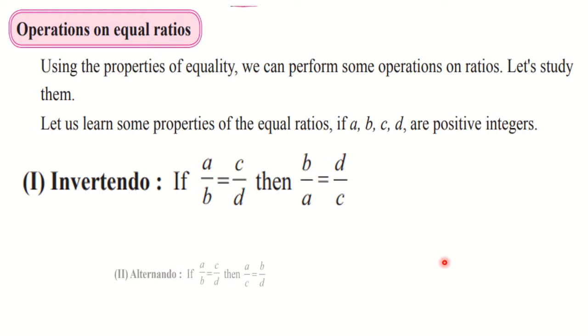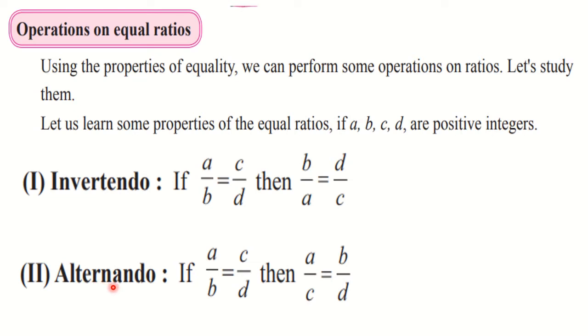Let us go for the second one, that is alternando. In alternando, if A upon B is equal to C upon D, that means these two ratios are equal, then we can write A upon C is equal to B upon D. See, these two are interchanged. C is taking the place of B and B is taking the place of C. Here you know the properties of equality, that we can multiply and divide both the sides of the equation by the same number.